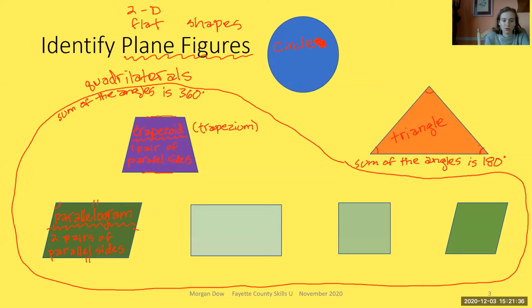So this angle, whatever the measurement is, we don't know exactly what it is, but whatever it is, this angle will be the same as this angle here. And then this smaller angle, I'll put 2 tick marks in that, will be equal to this smaller angle opposite it. All right, so that's a parallelogram, 2 pairs of parallel sides.